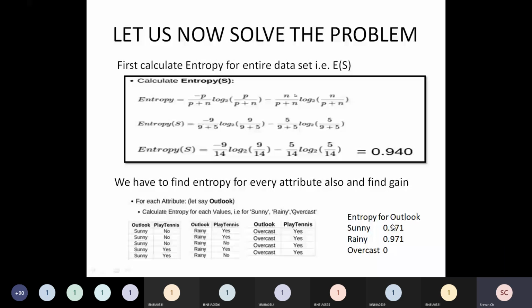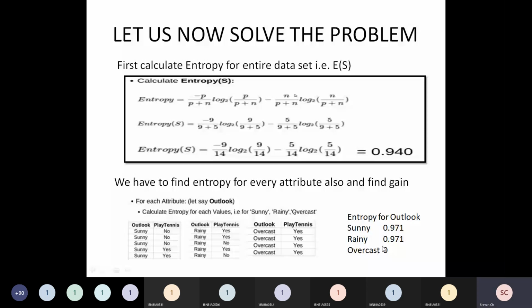Similarly, for the next one, rainy, the number of records are 5, positive are 3, negative are 2, right? So again, since it is a 2, 3 combination, the same result I'll get. For rainy also, the entropy is 0.971.